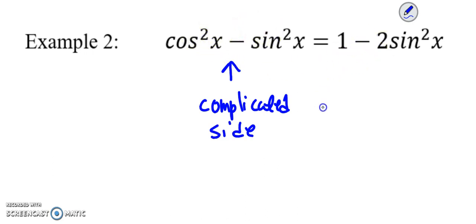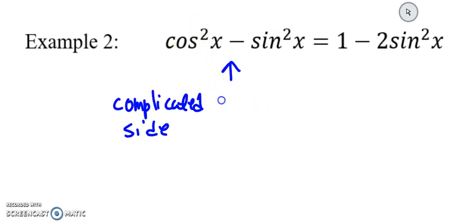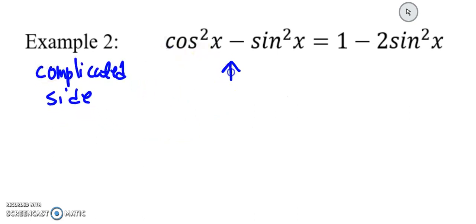But again, if you feel like you want to work on this side and then get that, that's fine too. You can work on either side of the equation, and as long as you can get both sides to equal each other at the end, you're good. That's all you got to do. All right, so let's take a look at it. Move this off to the side. So we're working at this side.